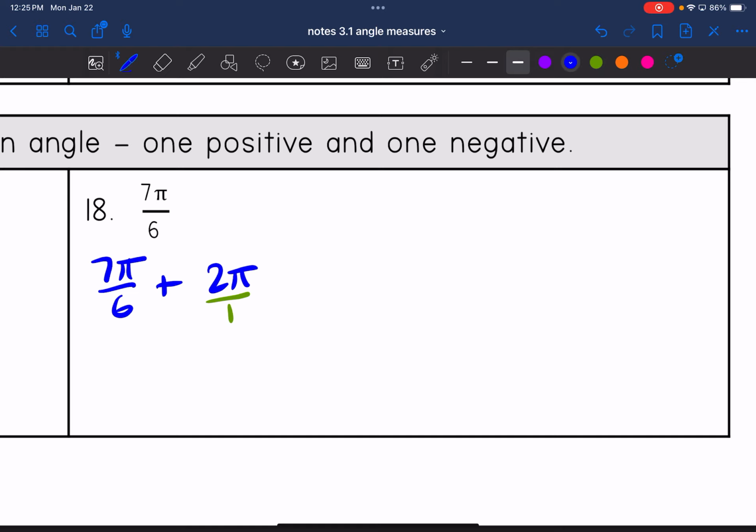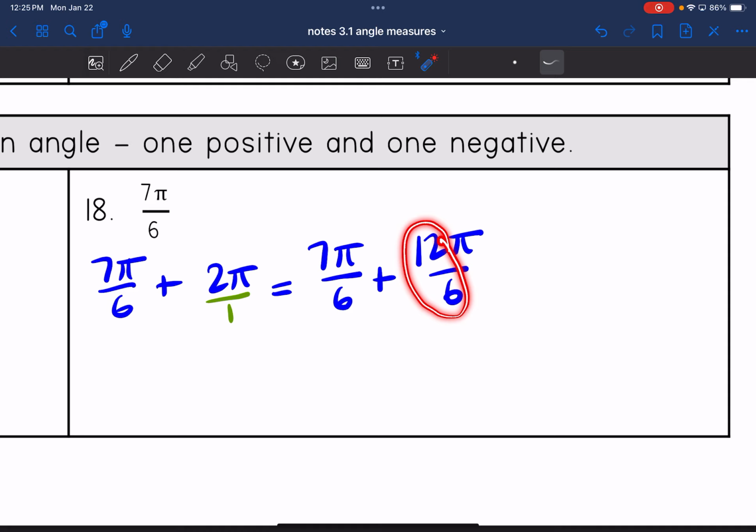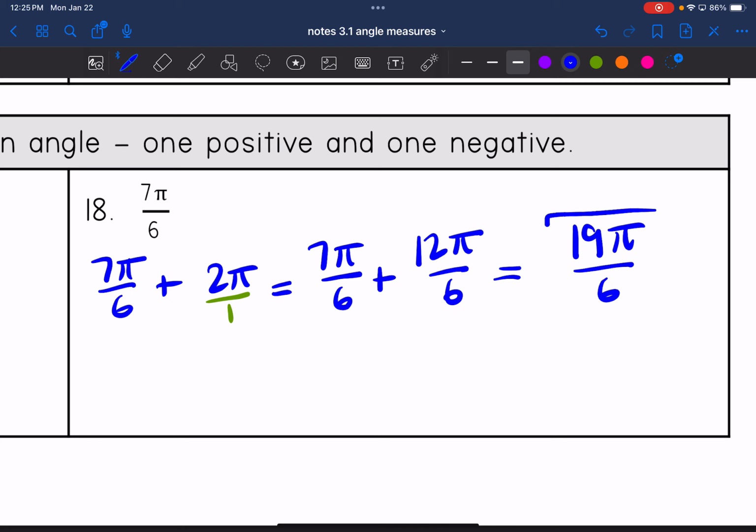So in order for that to become the same denominator, I'm going to rewrite 2 pi over 1 as 12 pi over 6, because 12 over 6 gives me the 2 that I need anyway, and now they have the same denominator. Now I can add across. 7 plus 12 is 19. So 19 pi over 6 would be one of the coterminal angles.